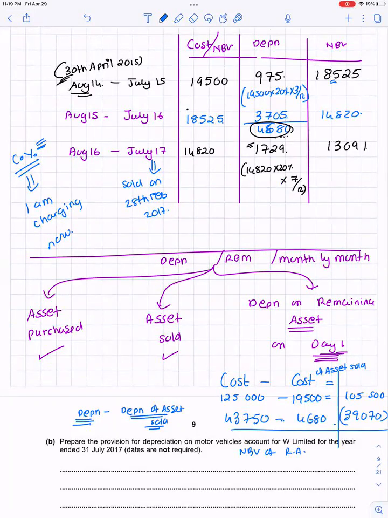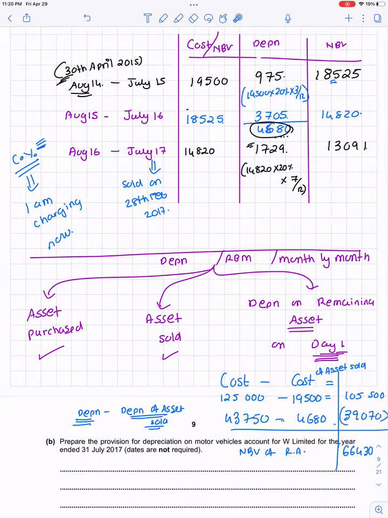105,500 minus 39,070. Miss, you didn't take the current year. No, that is what I'm explaining since the start. Assets purchased separately, assets sold separately, remaining assets on day 1 separately.